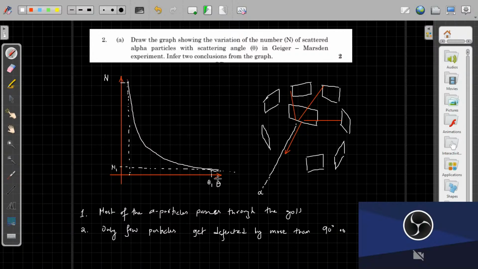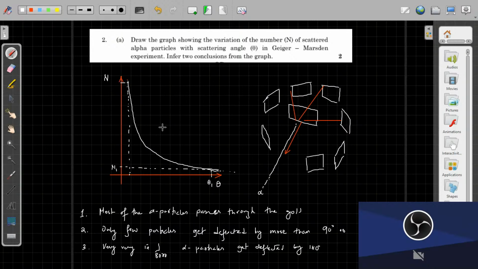Only few, you can see theta here is more, number of particles is less, and there are only extremely few alpha particles, around 1 in 8,000, that get deflected by 180 degree, that is, retrace their path backward.